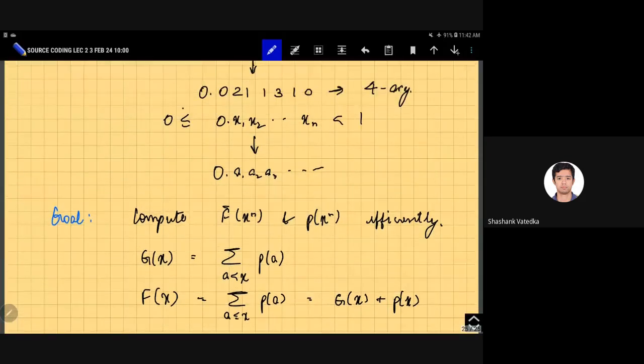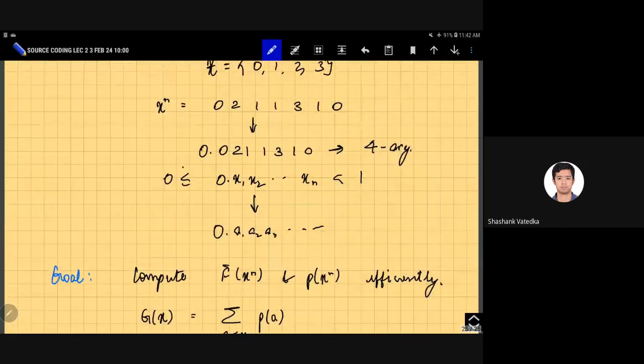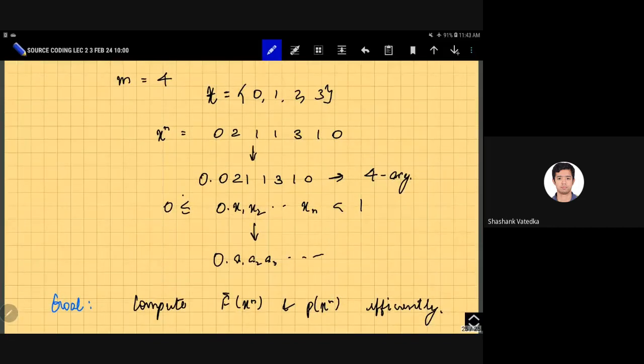One reason why I did this: note that I'm representing a particular sequence xn in the decimal format, so I can think of this as 0.x1, x2, x3 up to xn. The reason I use this format is twofold. Firstly, this imposes an ordering of the sequences.